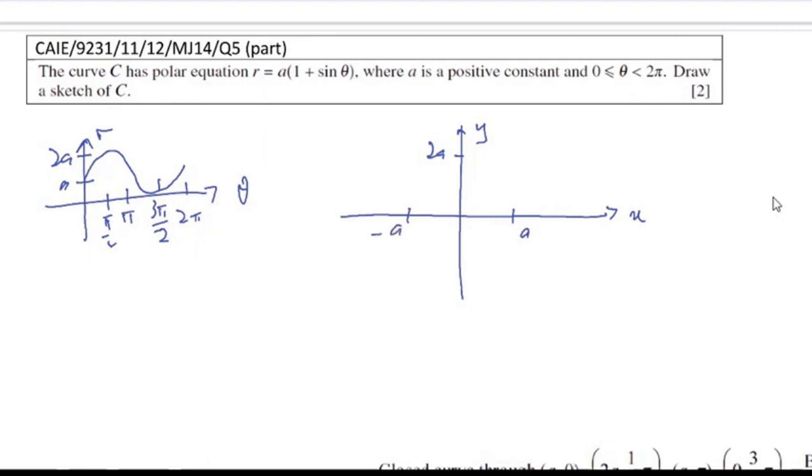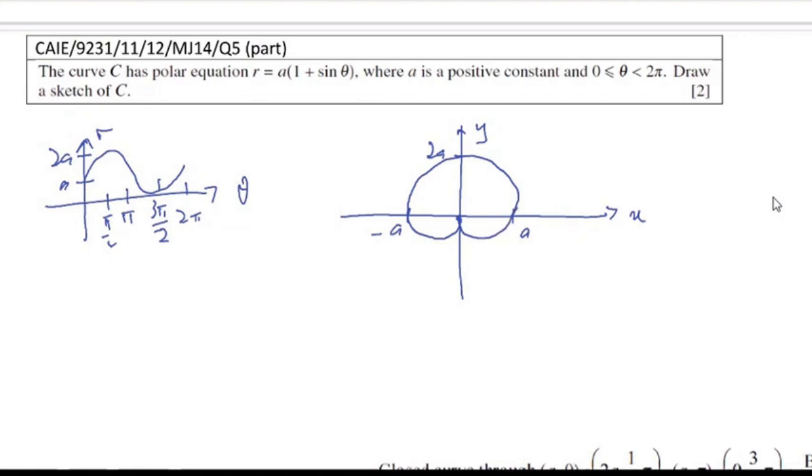So this is actually like negative a. And for 3 pi over 2, it will be 0. Okay, and for this, we're quite familiar. So this is a cardioid. The shape is a cardioid here. So this would be the graph that we get.